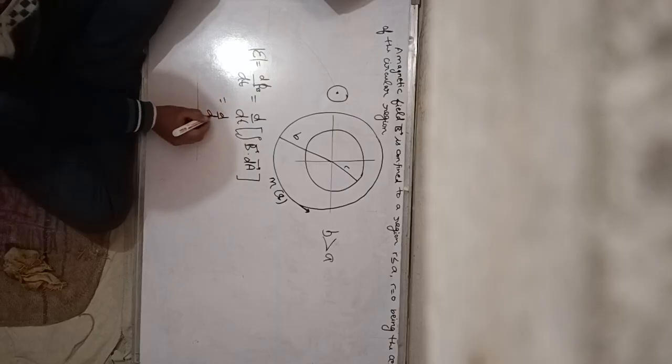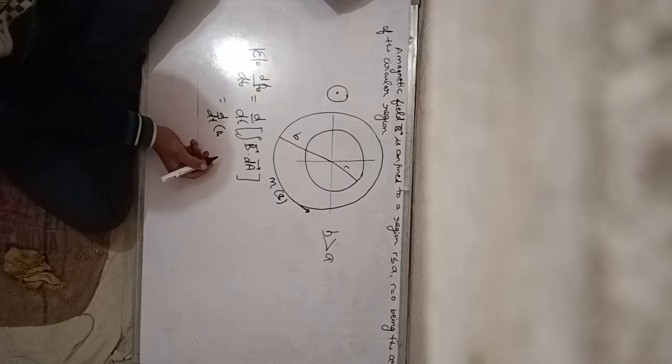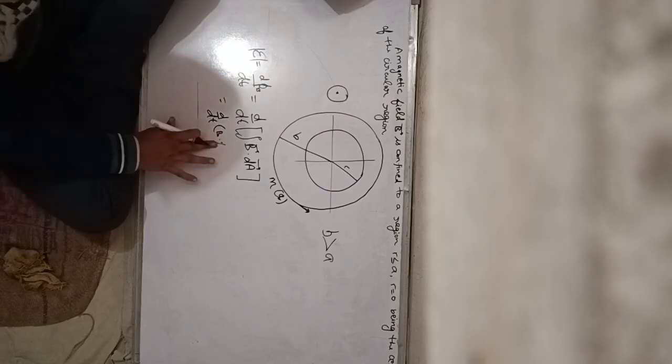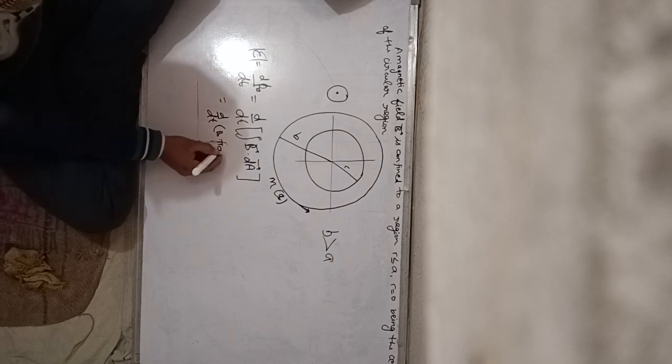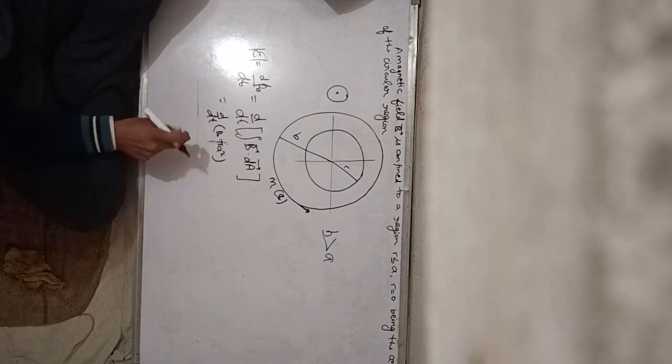So this will be d over dt of B times pi A square.